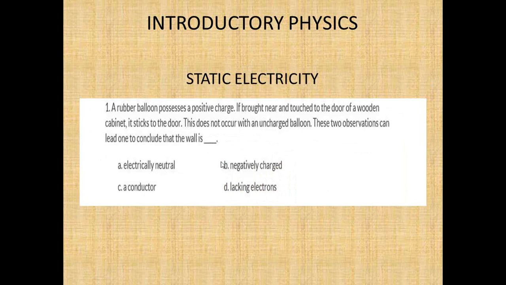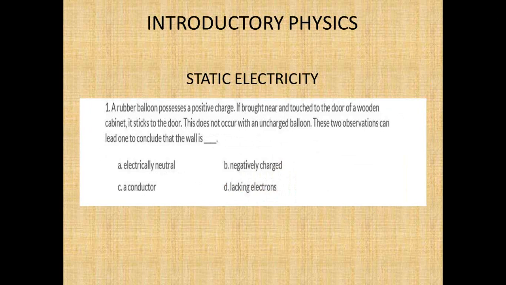If the wall is negatively charged, yes, you would get an attraction there. But we know that the wooden cabinet is a neutral object, and we know that a neutral object is attracted to charged objects, whether positive or negative. So the wall is electrically neutral.